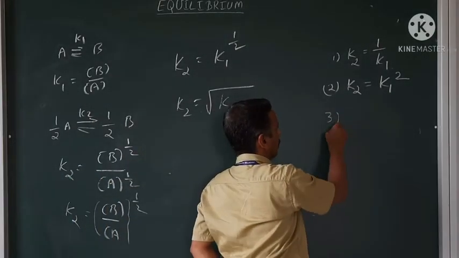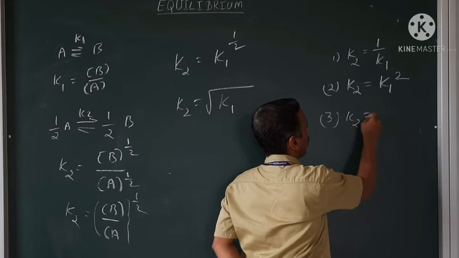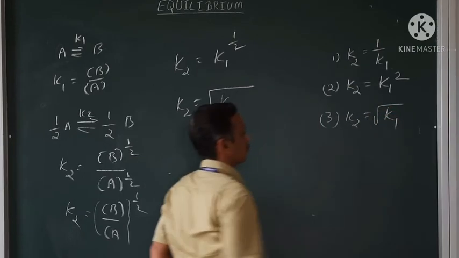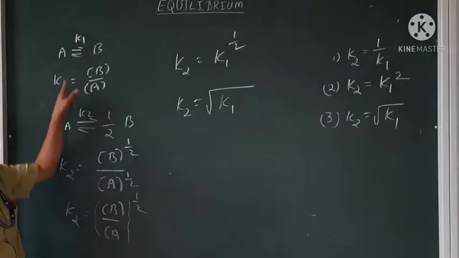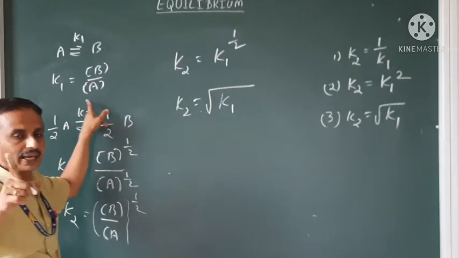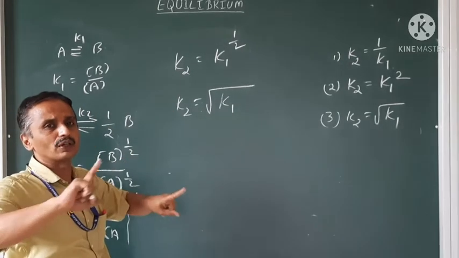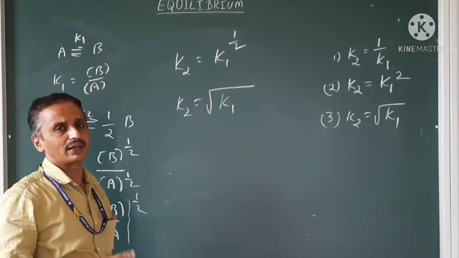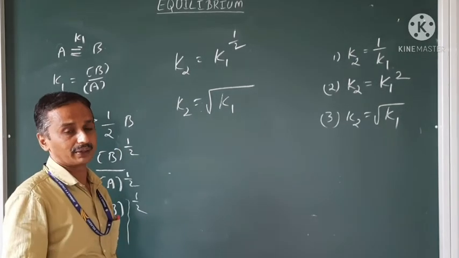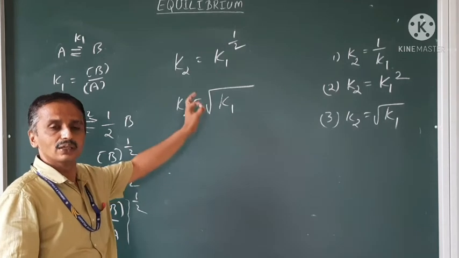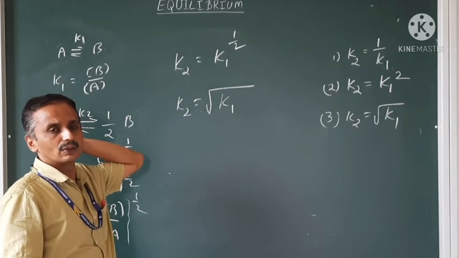So the new equilibrium constant K2 will be square root of K1 if the concentration is made half. Again, when the concentration is made half, the equilibrium constant is not becoming half over that. Remember this, square root of the original equilibrium constant will be there.